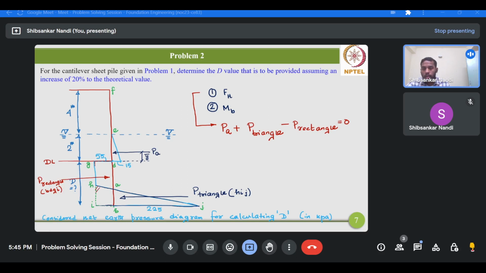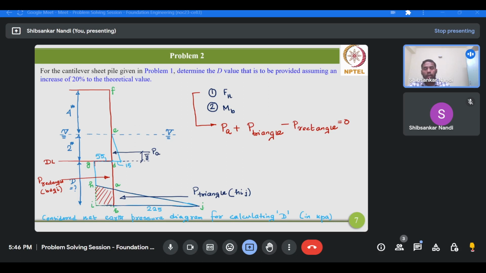This region was not originally in the distribution. So when we considered P triangle, we have considered this region for the positive contribution, and when we considered P rectangle, we have considered this shaded region as the negative contribution, means on the negative side.